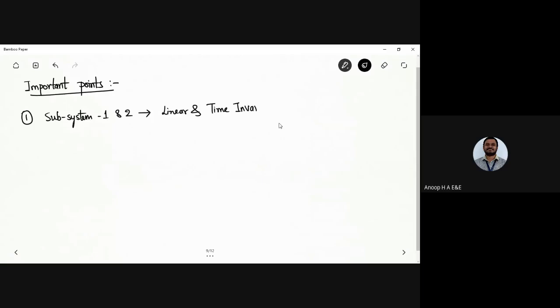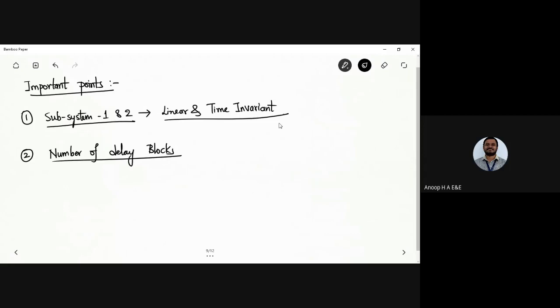Yes, I have called these two subsystems linear and time invariant. Next, the number of delay blocks.